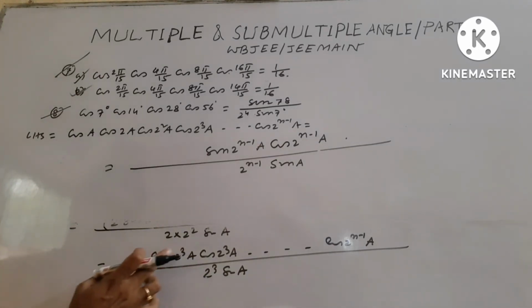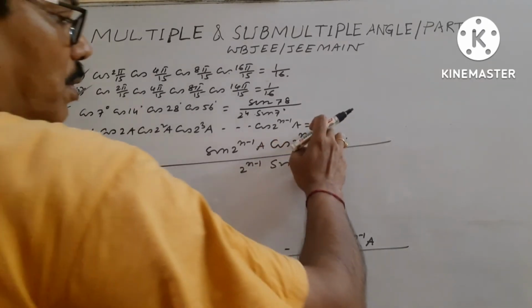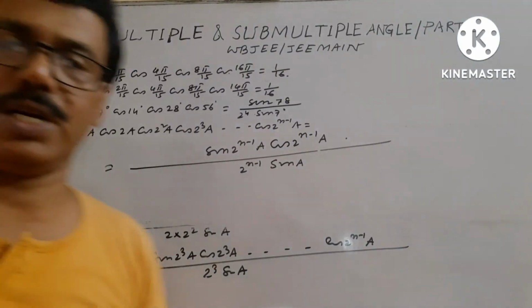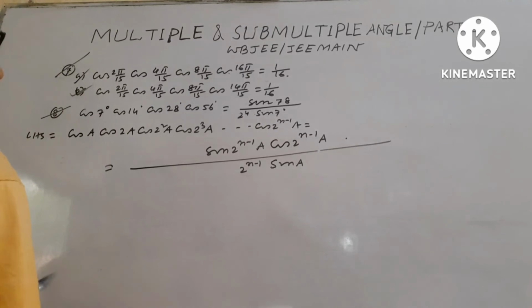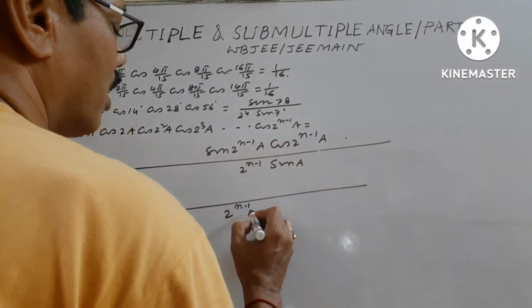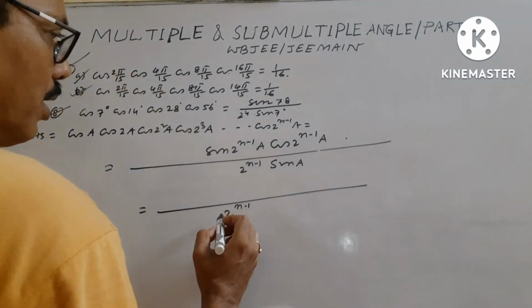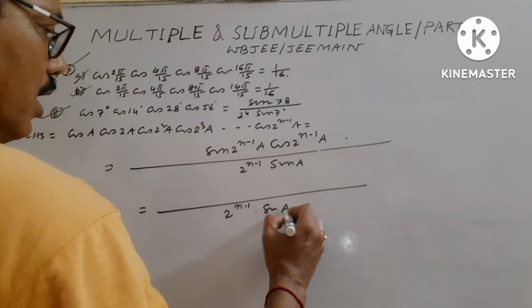If it is 4, it will be 2 to the power 4. Now it is 2 to the power n minus 1. So this will be 2 to the power n minus 1 sine A.